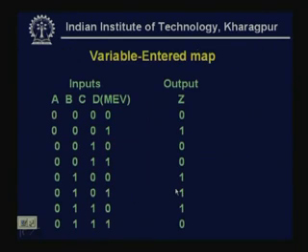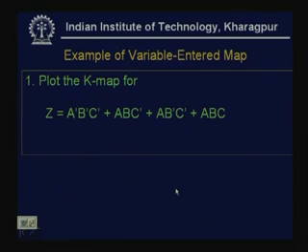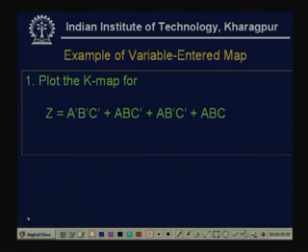See, the previous example, A dash B dash C dash exist. See here, A dash B dash C dash is one of the min terms. So, that means if A dash B dash is true and C dash is also true, means C dash equal to 1, then the output will be 1, because this is a sum of min terms.